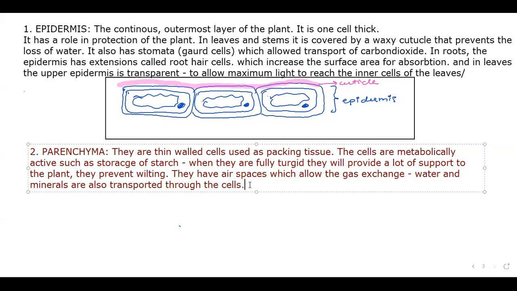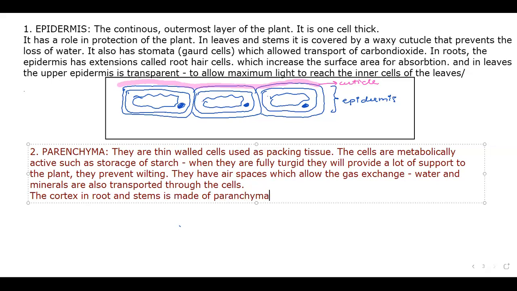Now, parenchyma, the cortex. Remember I taught you guys about the cortex in root and stems. If you remember, the cortex in root and stem is made of parenchyma. That's what the root cortex is actually made up of, parenchymal cells, right? These cells also contain chloroplast, by the way.